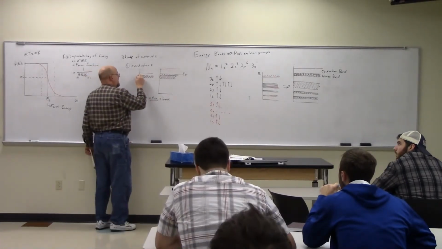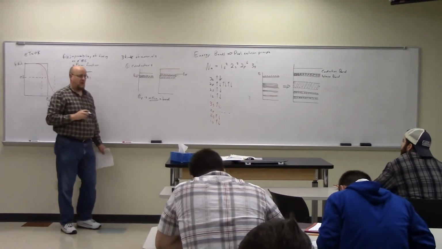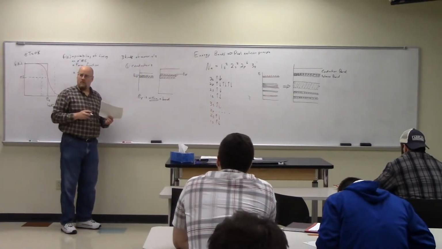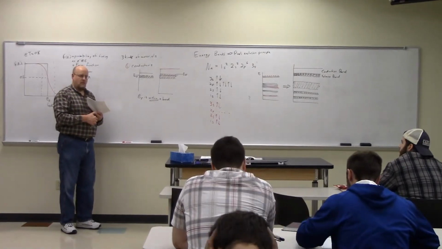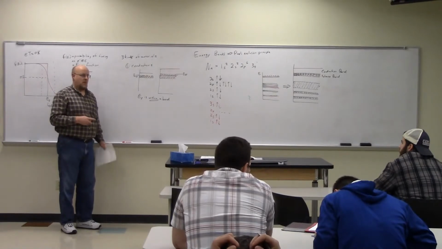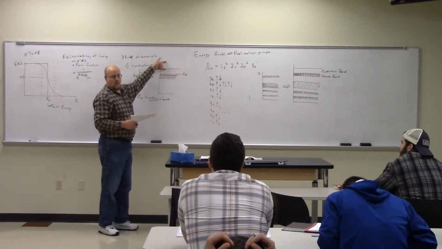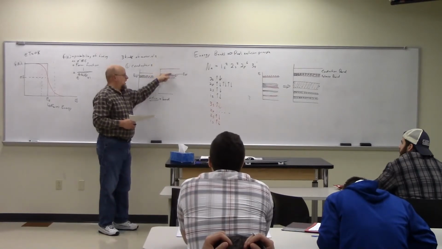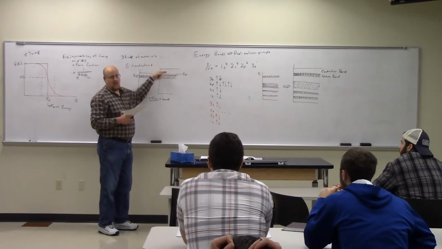In this case, EF is right here, in the middle of the 3s band. So anytime EF is within a band, it's a conductor. If the 3p were higher, this would not be within a band, because EF would actually be halfway between the two.